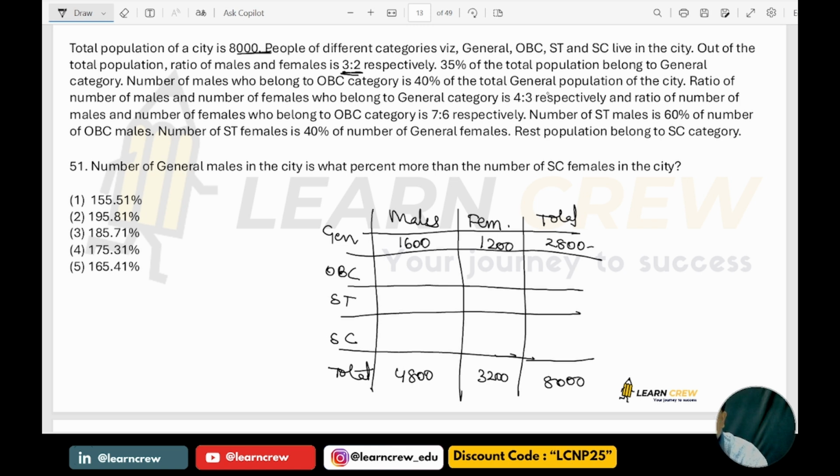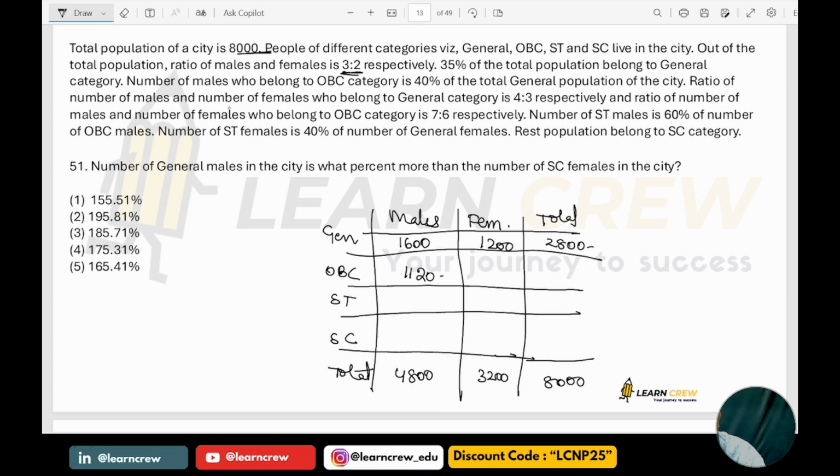Now next, what is given here? The number of males who belong to the OBC category is 40% of the total general population of the city. So 40% of 2,800 is 1120.